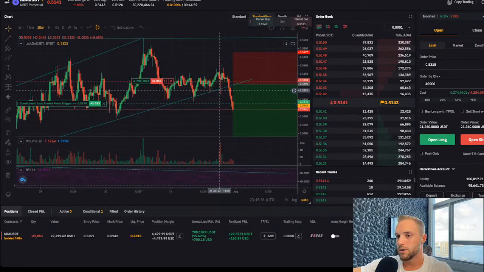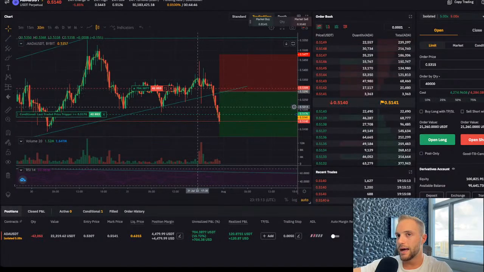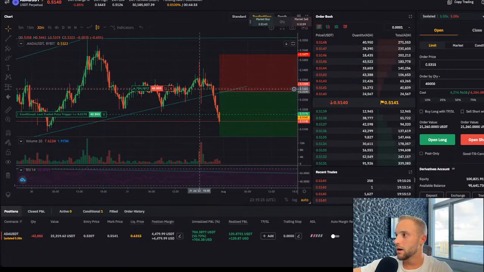Pretty much all these coins follow Bitcoin. So I want to understand, what is Bitcoin doing? Once I understand what Bitcoin's doing, then I feel comfortable actually hitting a long or a short on another altcoin that typically has more volatility. And at least for me, I study ADA and I've watched it since literally $1.80, and I've been shorting it pretty consistently down to where we're at now, and it has some pretty weak price action.